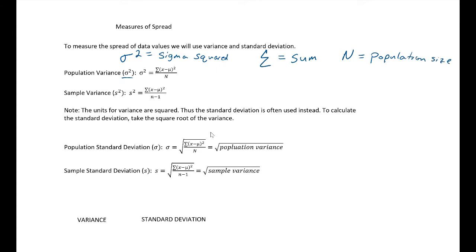On the other hand, for the sample variance, we get a slightly different formula. This is our first foray into seeing that in statistics, sometimes you're going to get a different answer based off of whether or not you're working with a population versus a sample. So a sample variance is the formula s squared, and once again, you take your data value, subtract away, and I apologize there, that should not be mu, that should be x bar.